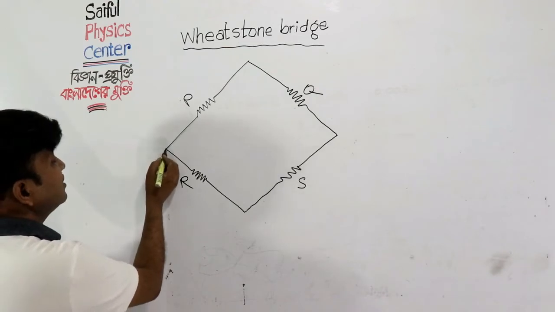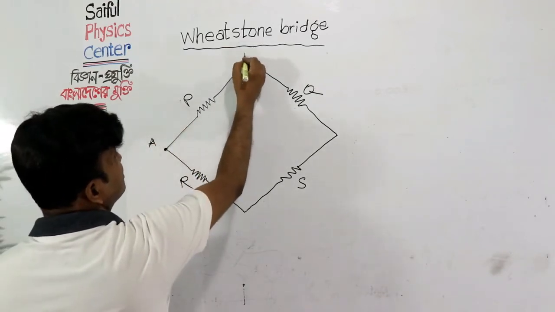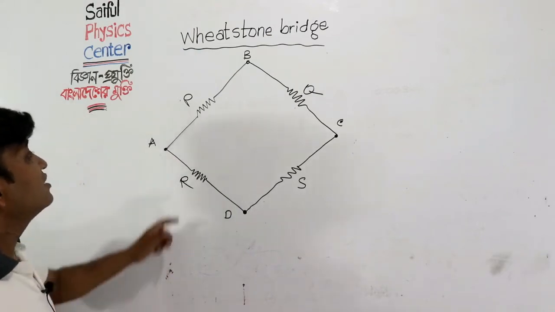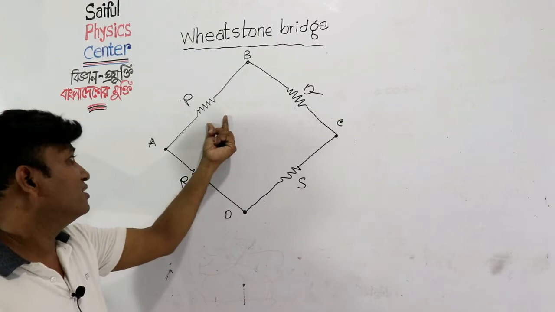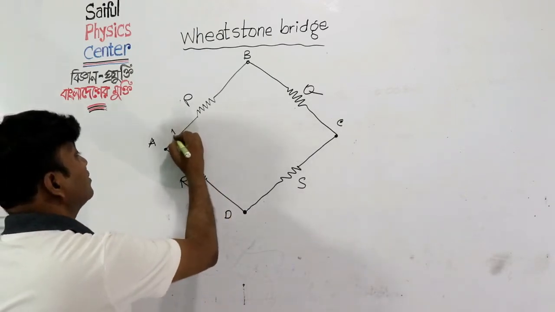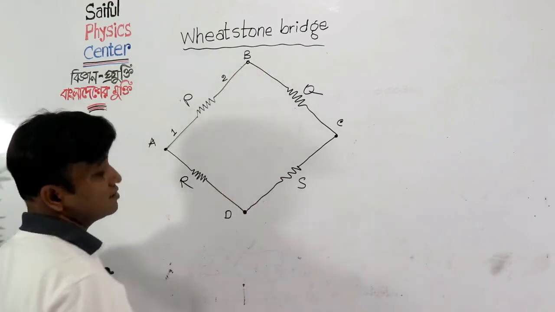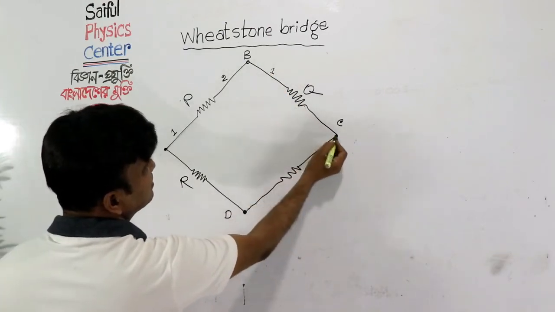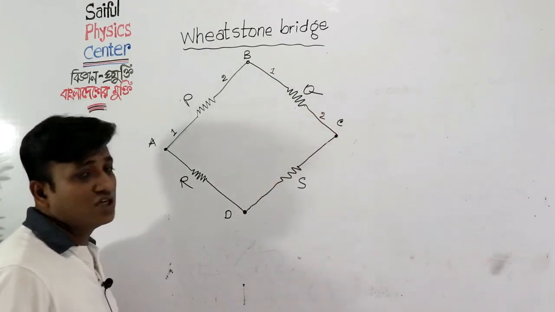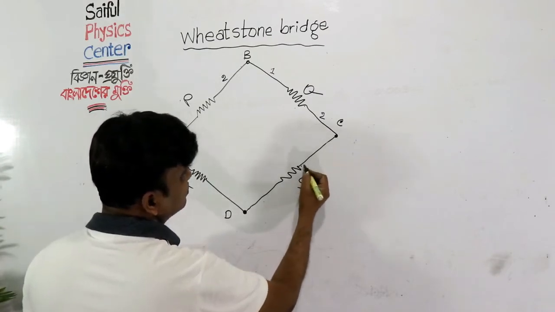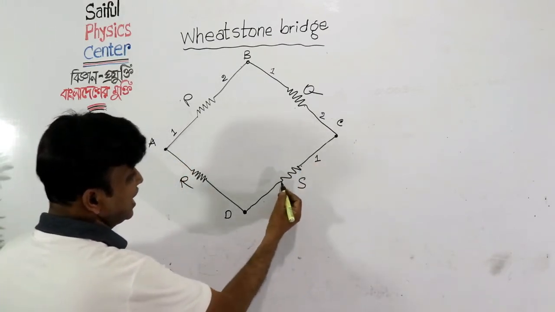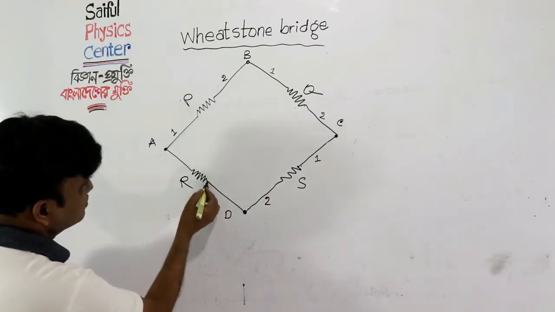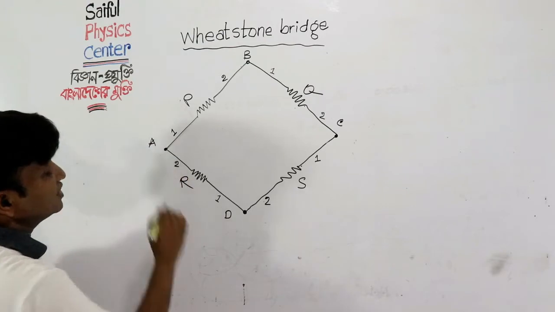Now, consider this point is A, this point is B, this point is C, and this point is D. If we consider the resistance P, then this leg will be the first leg and this leg will be the second leg.